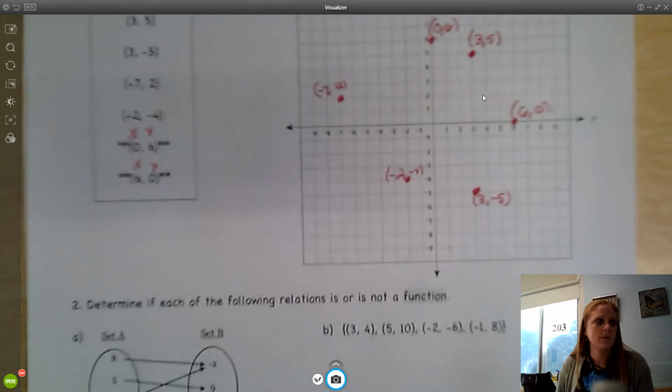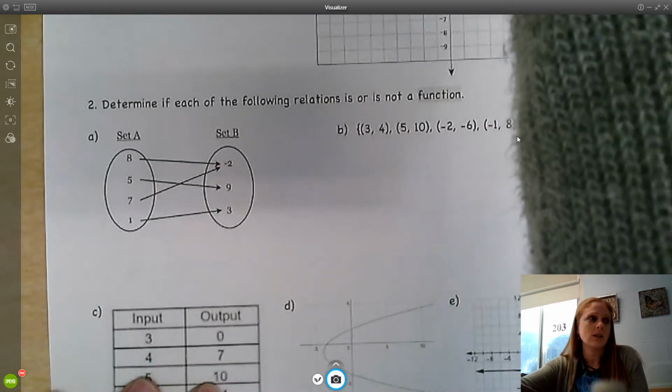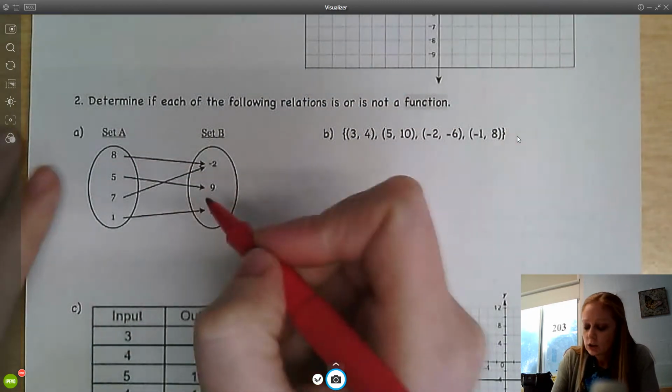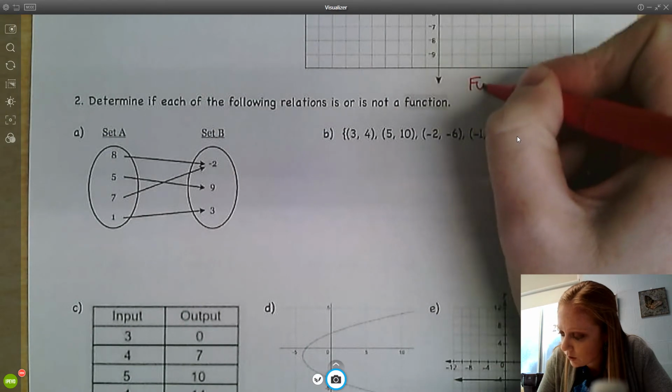All right. Number 2. Determine if each of the following relations is or is not a function. Okay, so first we have a mapping situation here. So we have to see, in order for it to be a function, the x values cannot repeat. So let's make a note of that.